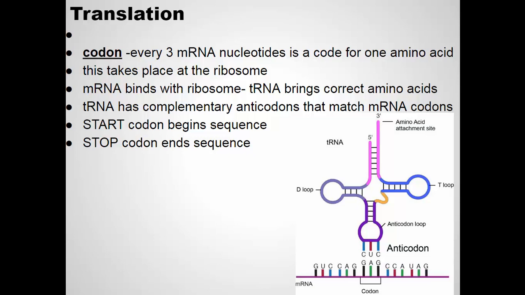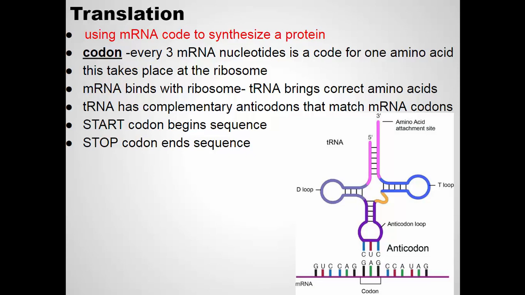Translation is taking the actual recipe in the messenger RNA and building the protein. The way that the genetic code works is that every 3 messenger RNA bases is a code for one of the 20 amino acids.